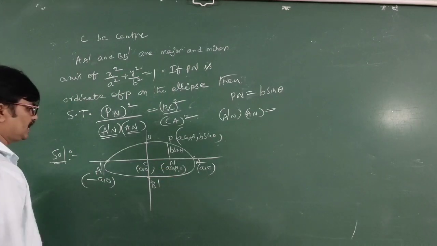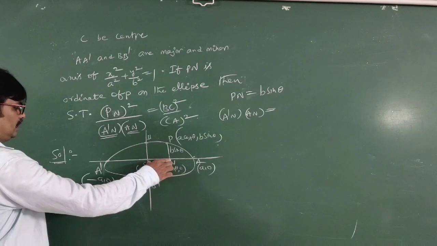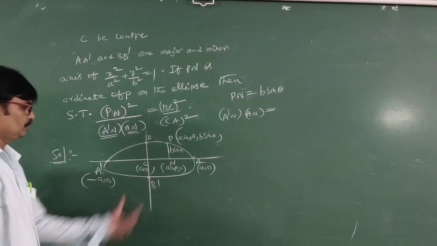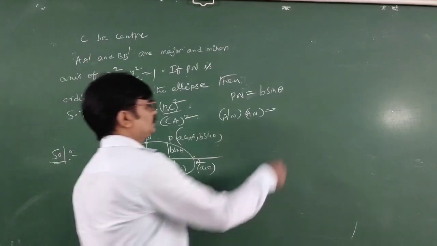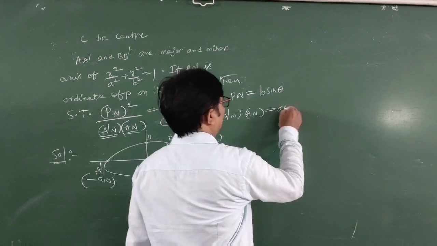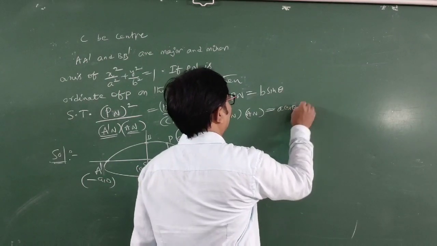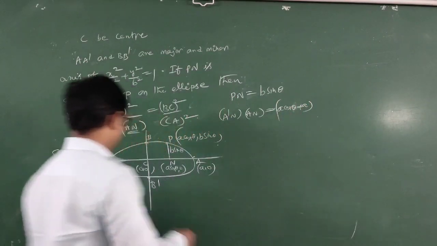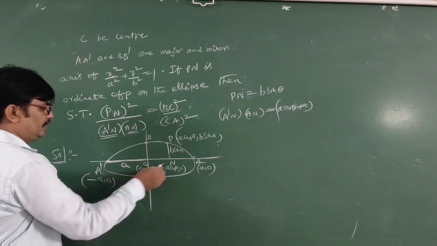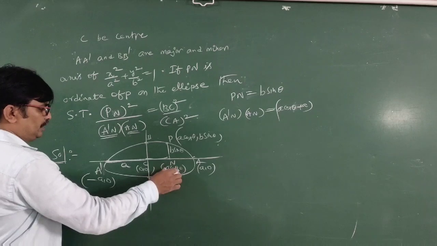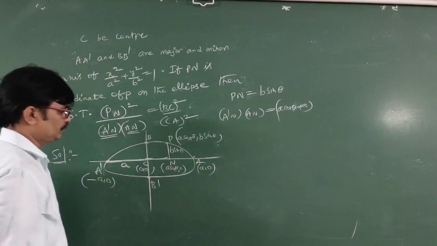Cn is A cos theta, and Ca dash is A. So Cn plus Ca dash is A dash n, that is A cos theta plus A. Is it clear? This is A, this is A cos theta. A dash n is A cos theta plus A.